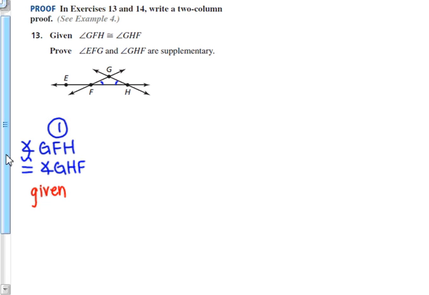Okay, so my step 2, let's think about what we have to do for step 2. I'm going to just look at my picture and disregard what I put in step 1. I'm going to ignore the given for now. I can see very clearly that angle EFG and angle GFH are a linear pair.